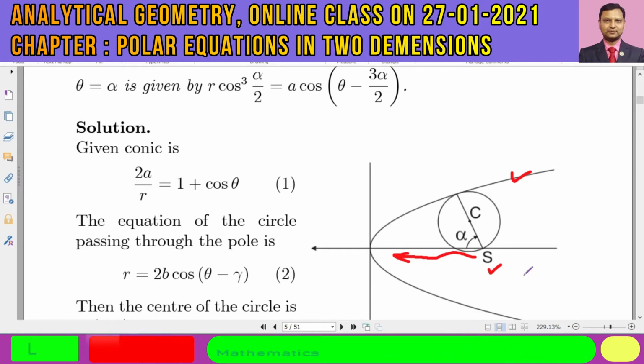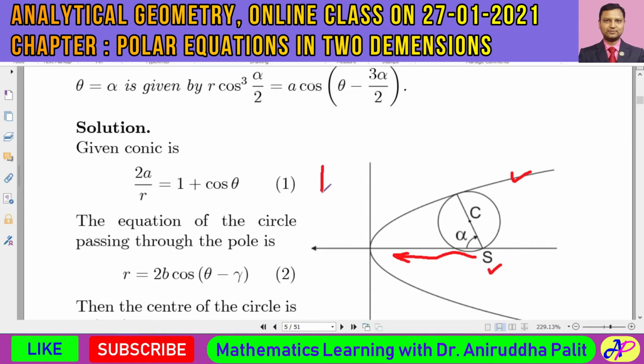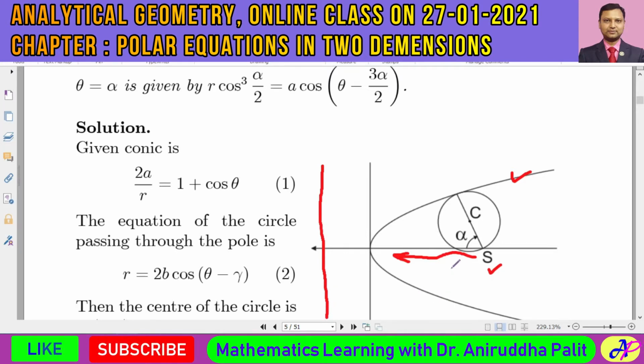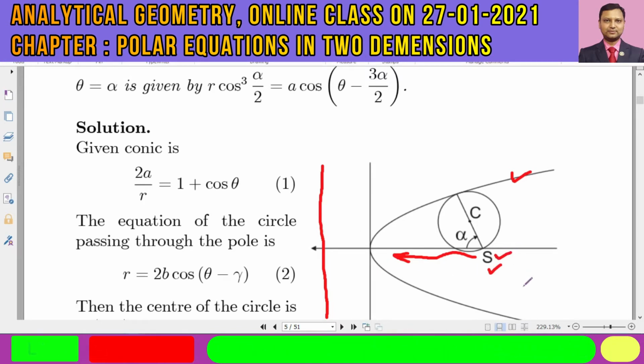The position of the directrix would be like this. So the directrix and the direction of the initial axis are both in the same direction with respect to this focus.